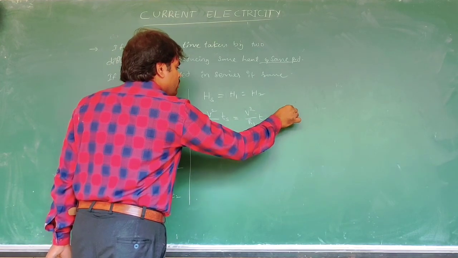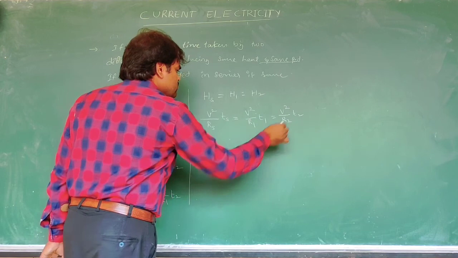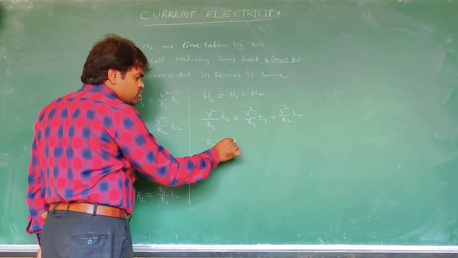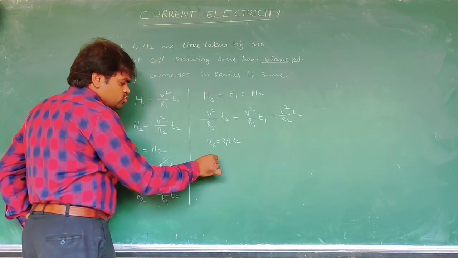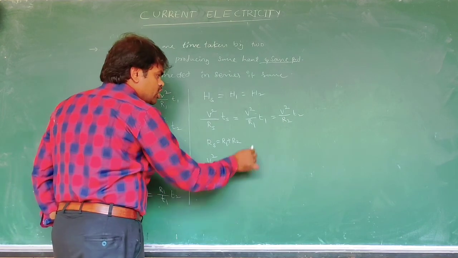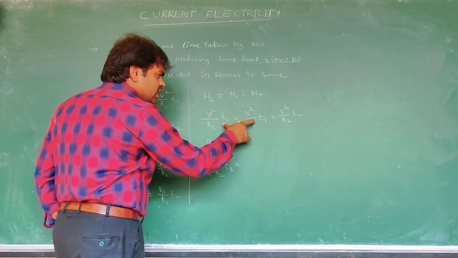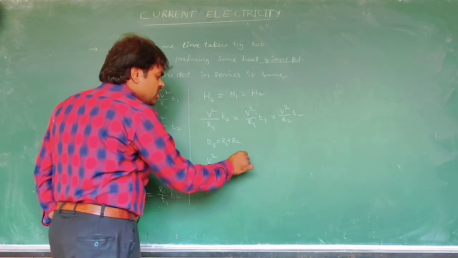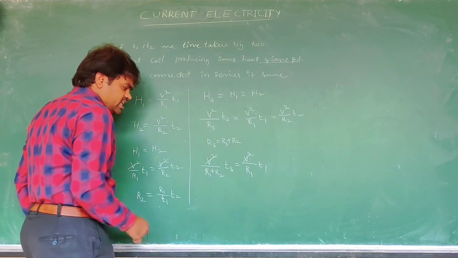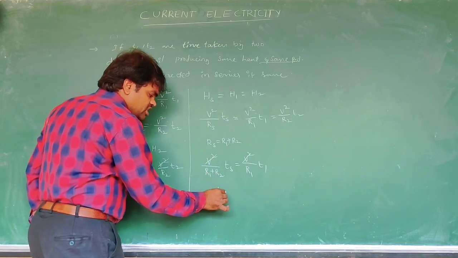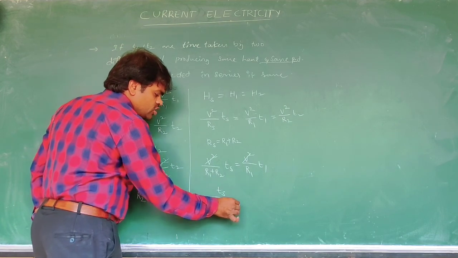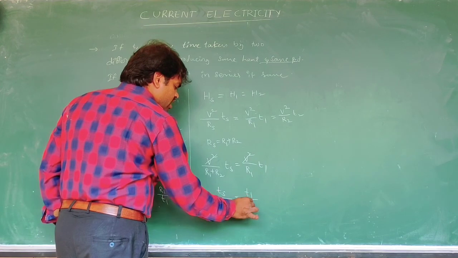In series combination, RS is equal to R1 plus R2. Then V square by R1 plus R2 into TS is equal to V square by R1 into T1. V square cancels. That is TS by R1 plus R2 is equal to T1 by R1.